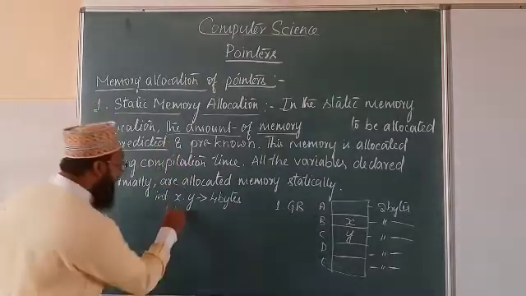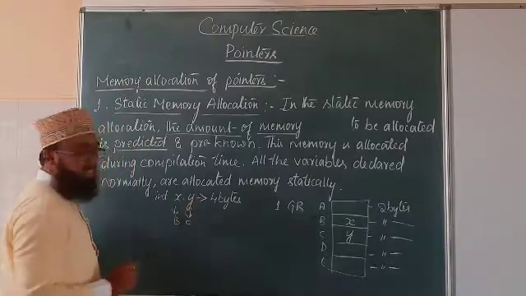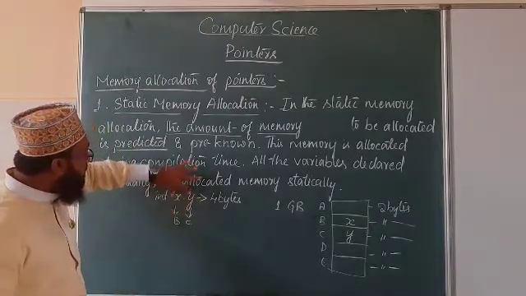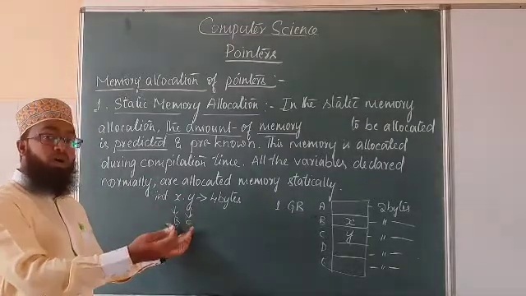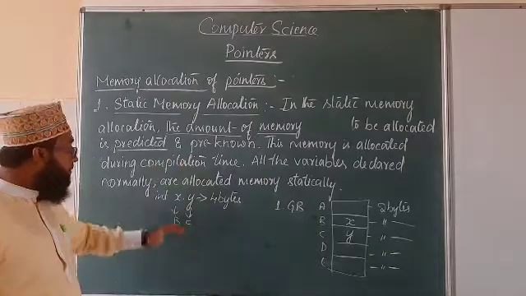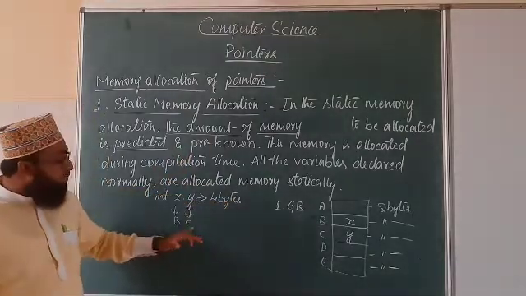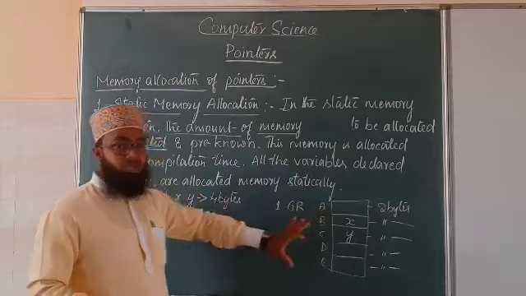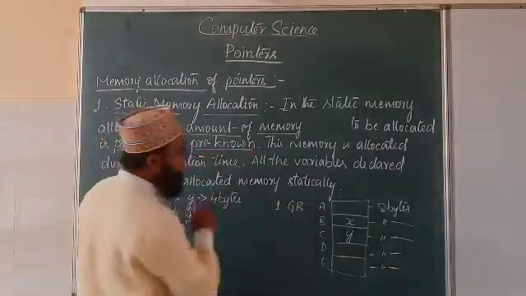It means x has to be stored in B and y should be stored in C. So the memory locations of x and y are already declared before doing allocation. Before storing the variables, the memory locations B and C are readily allocated. This is called pre-known.